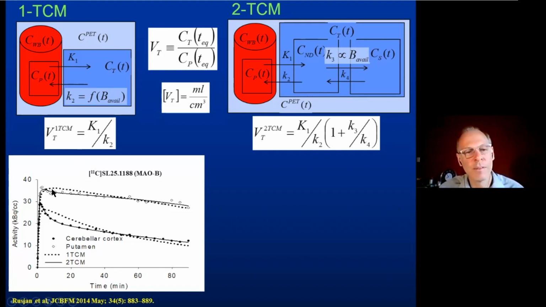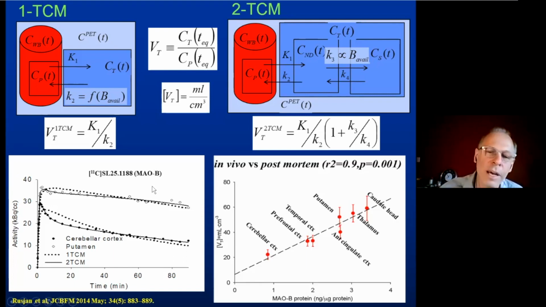These are the time activity curves for the putamen and for the cerebral cortex for SL25. The continuous line is the fitting with the two-tissue compartment model. So we can see that this simple model can predict the time activity curve of the radioligand SL251188.